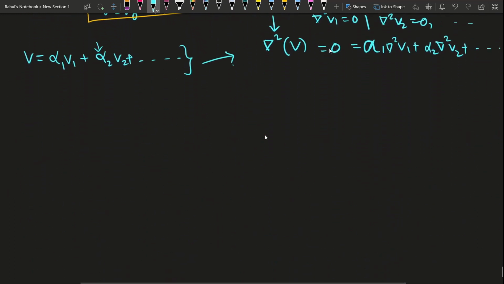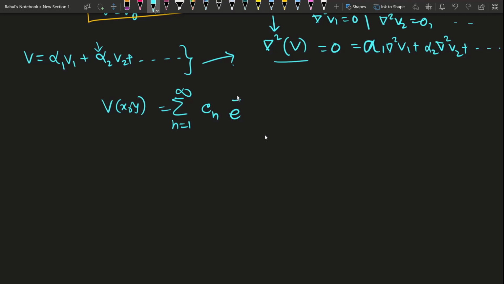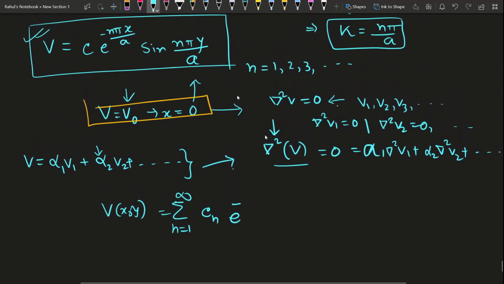Okay, now coming to our main thing. So now the solution I can write like this: v of x comma y equals summation, n equals 1 to infinity, Cn, for varying c for different values of n, e to the power minus... For different values of n, we are getting different solutions like v1, v2, and if we make a linear combination of all the solutions, then that will also be a solution, right?